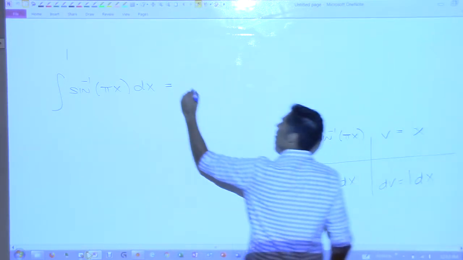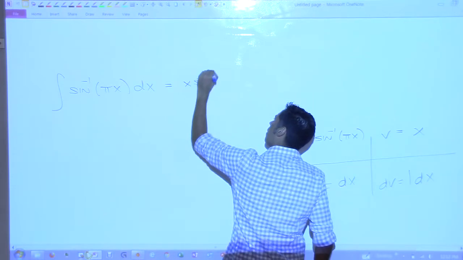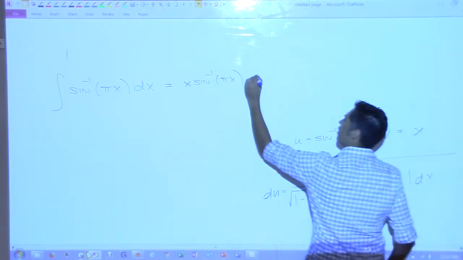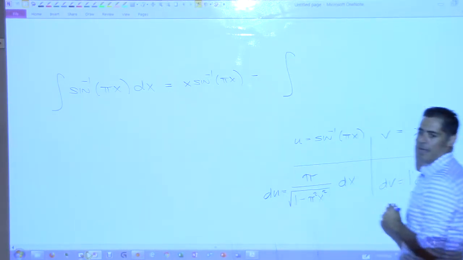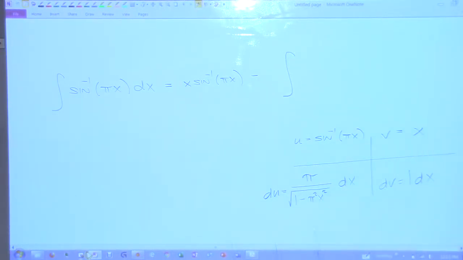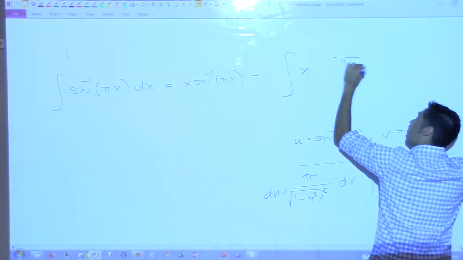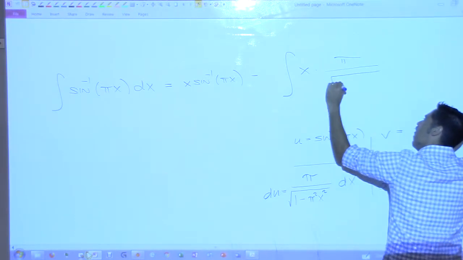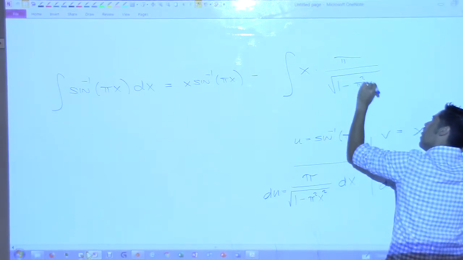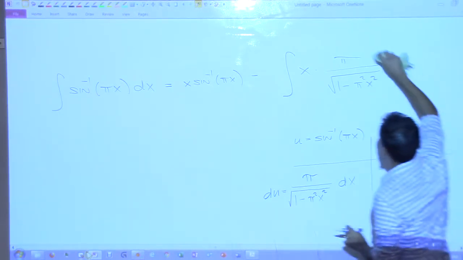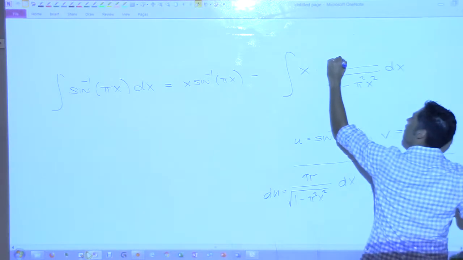Okay, so x arc sine of pi x, minus integral, with a little bit of space there in case we pull anything out. x times pi over the square root of 1 minus pi squared x squared dx. My pi got a little bit stretched out there. Okay.